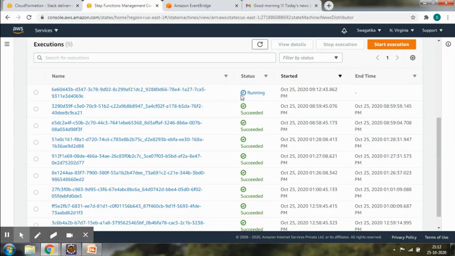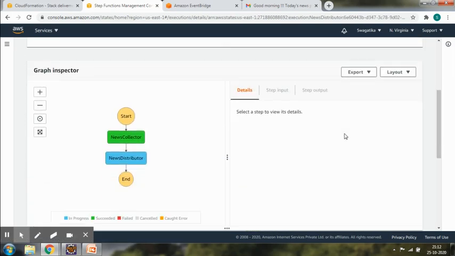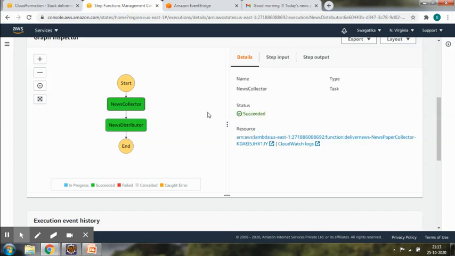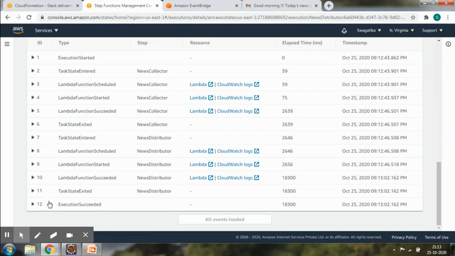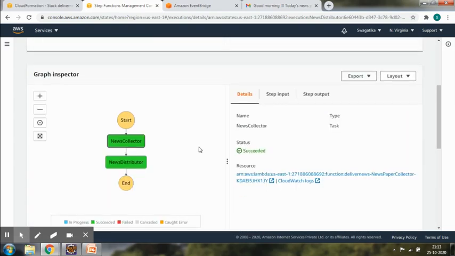Okay, as you can see, it has triggered the state machine execution, and you can see that news collector has succeeded and the news distributor state is going on. That means it is going to download today's PDF, and after that it will send that as an attachment. As you can see, both states have succeeded, and it has sent that mail to my registered Kindle device.